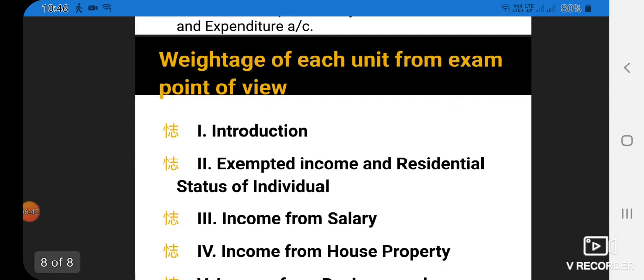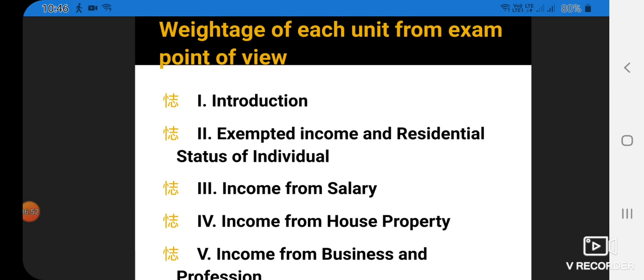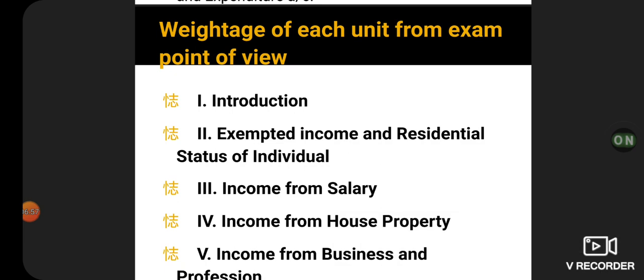Coming to the next part, I would like to tell you about the weightage each unit has from the final exam point of view. So these are our 5 units that we are going to study throughout the semester. The first unit is the introduction of the income tax subject and certain basic concepts, and it is a completely theoretical unit.